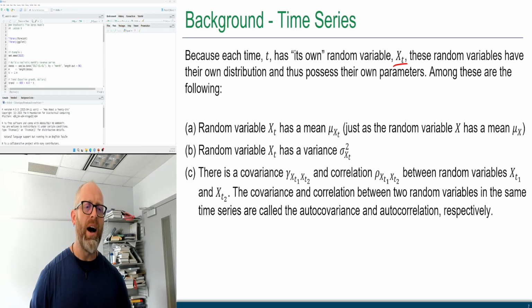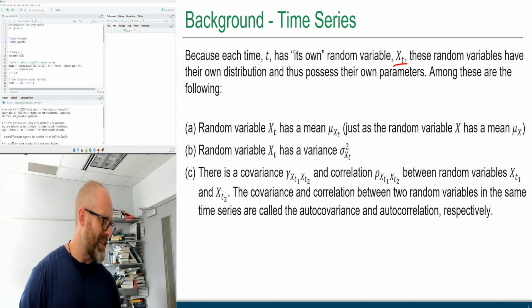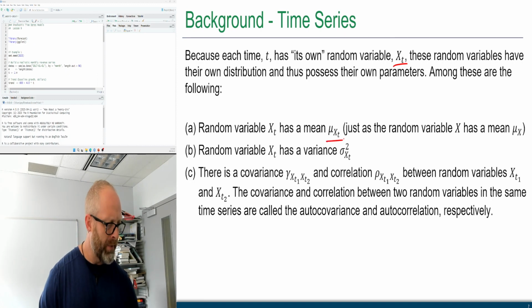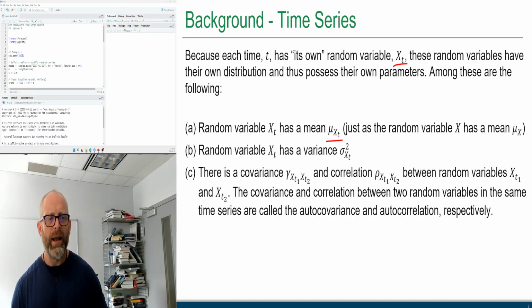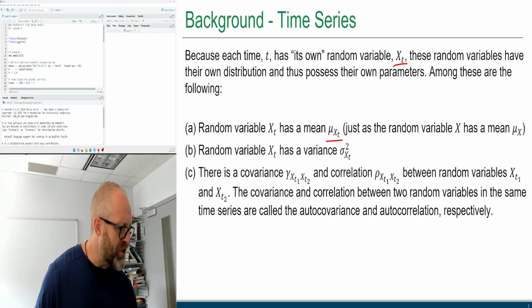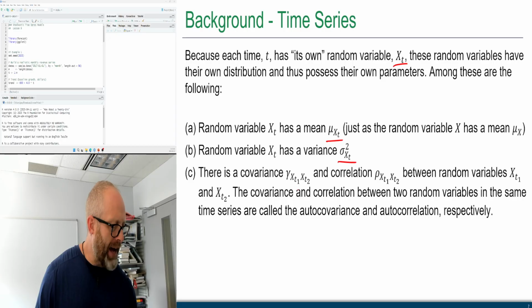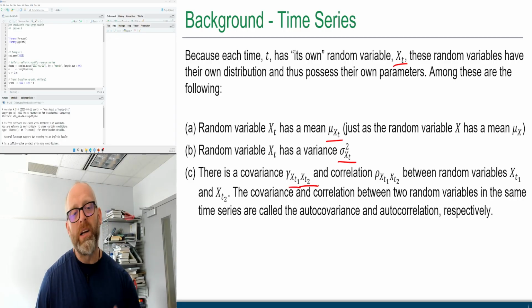So we can think of the random variable x sub t as having a population mean of mu x sub t, a variance of sigma squared x sub t, and we can talk about the covariance. Again, what is the relationship between any two of those random variables? So this could be the covariance between x sub t1 and x sub t2. Of course, we don't really talk about covariance.